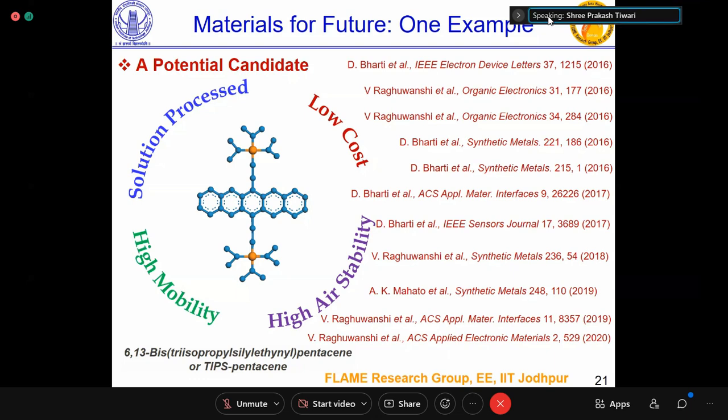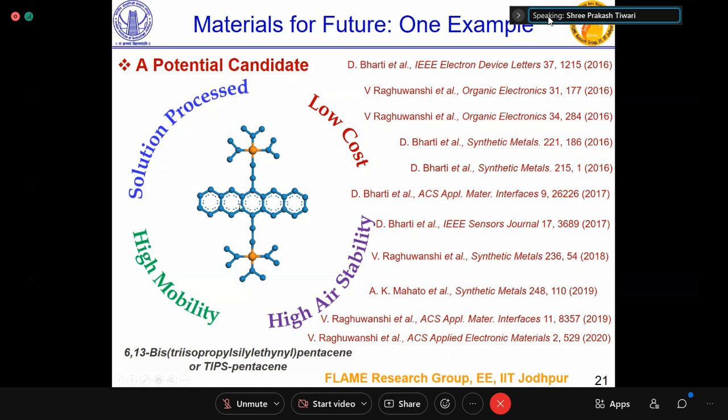And the goal of the research community is to explore something which is solution processed and also stable in the ambient. So one of the materials which we found long back was, again, pentacene, which was widely explored with all the high performances. Today also people demonstrate with pentacene. But the only problem is pentacene is thermally evaporated.